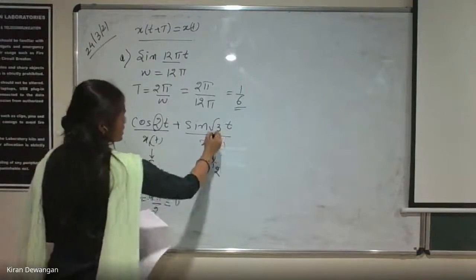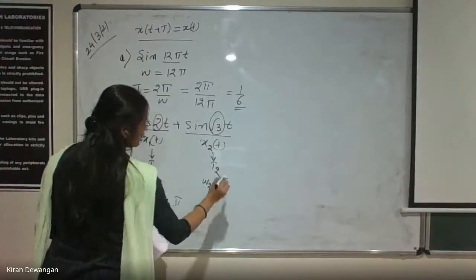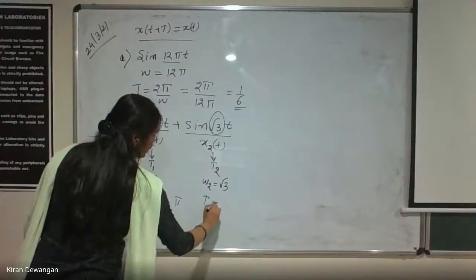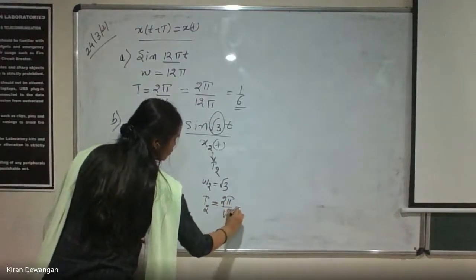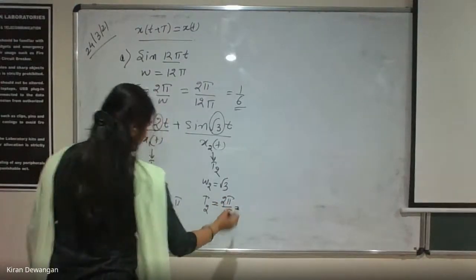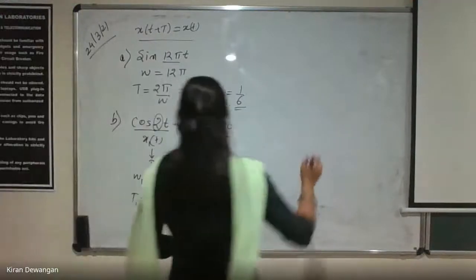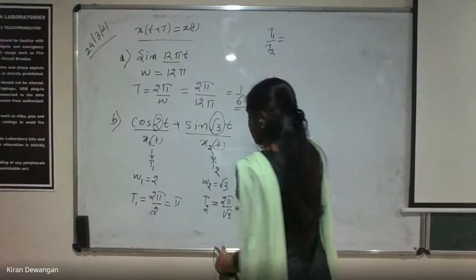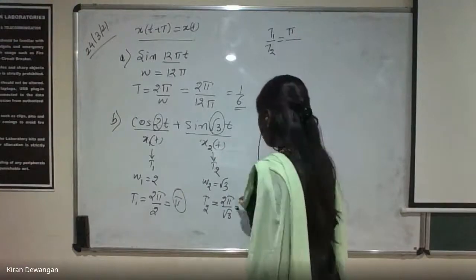In this case, omega 2 is root 3. Clear? Now if I find T2, it is 2 pi by root 3. Now we have to take the ratio of these two, that is T1 by T2. What is my T1? The value is pi. And what is T2?